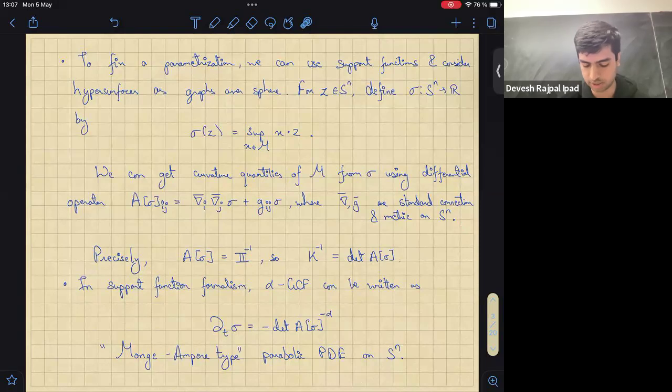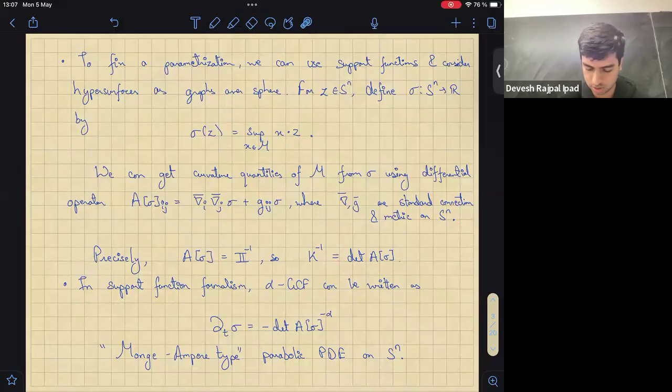And the relation we get is that A sigma, up to a composition using the Gauss map, is the same as the inverse of the second fundamental form. So K inverse is the determinant of this operator.